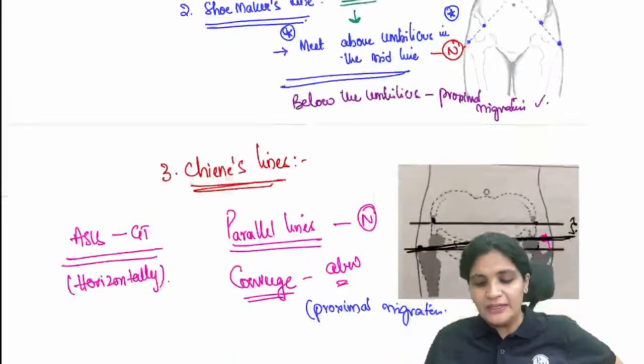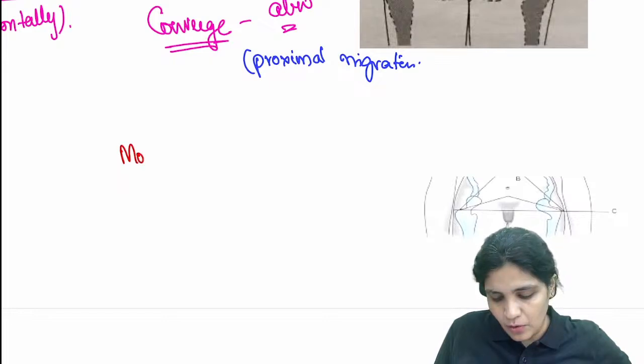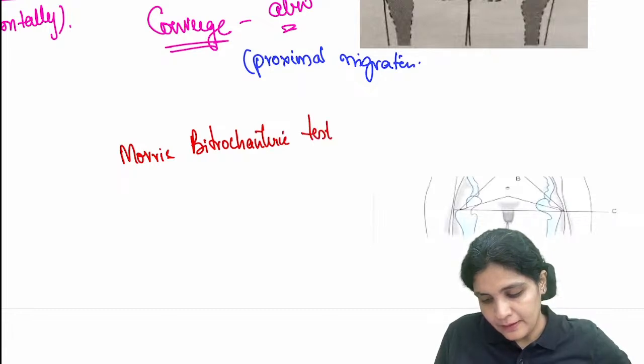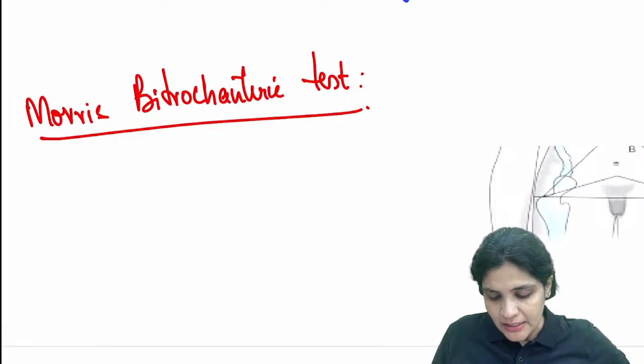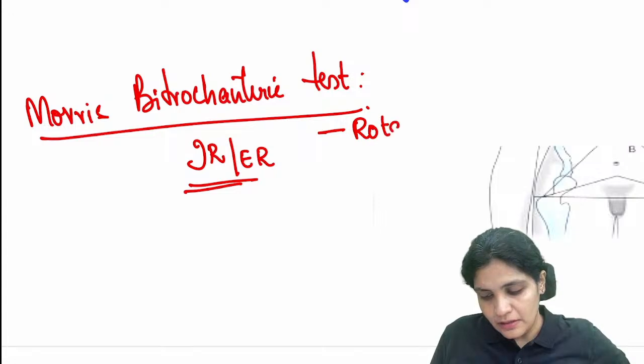Nelaton, Shoemaker, Chiene's line. Then what is this? This is Morris's bitrochanteric test, and this is not for proximal migration. This is for internal and external rotations, mainly the rotation.